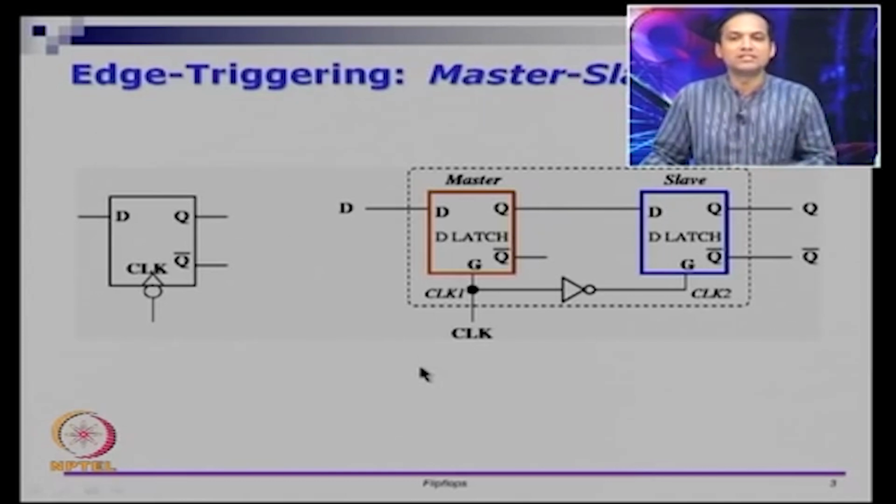When we say enable and disable, what we mean is, if CLK is on, then any changes in D can go to Q. However, because CLK2 will be off, changes in Q will not be propagated to the slave's Q. Similarly, if CLK is 0, then any changes in D will not reflect as changes in master's Q, but if there is anything in master's Q, it will go to slave's Q. So, this is what the whole circuit is doing.